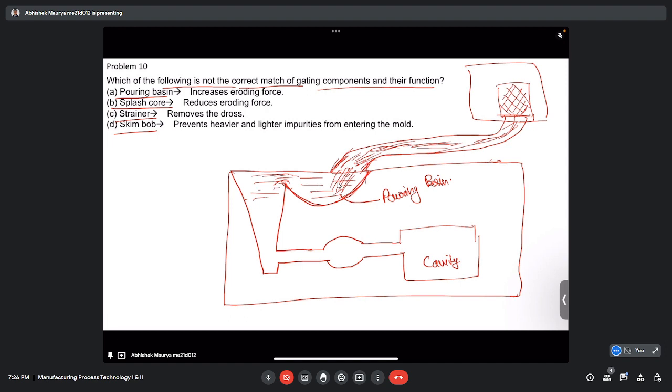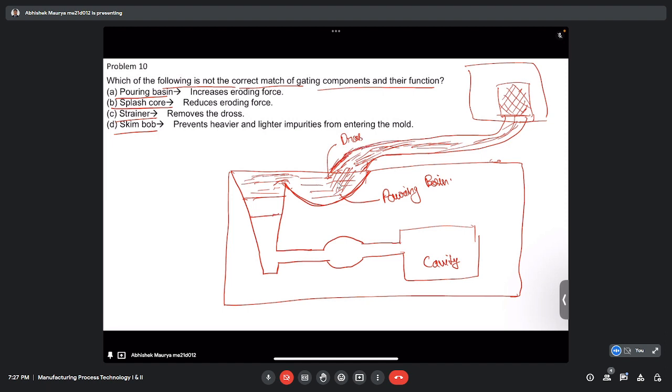So what happens after that? In the sprue, whatever molten metal comes has some impurities. It may be some flux or some dross or some solid impurities, which need to be filtered.